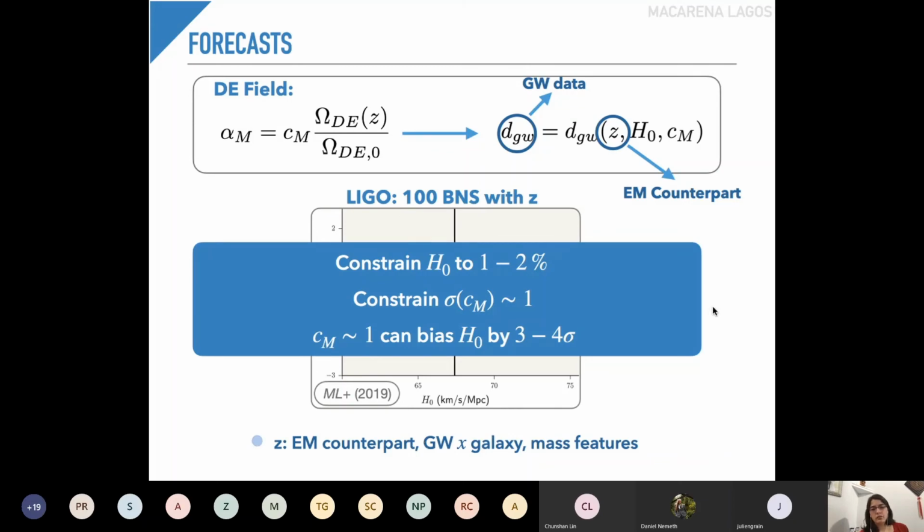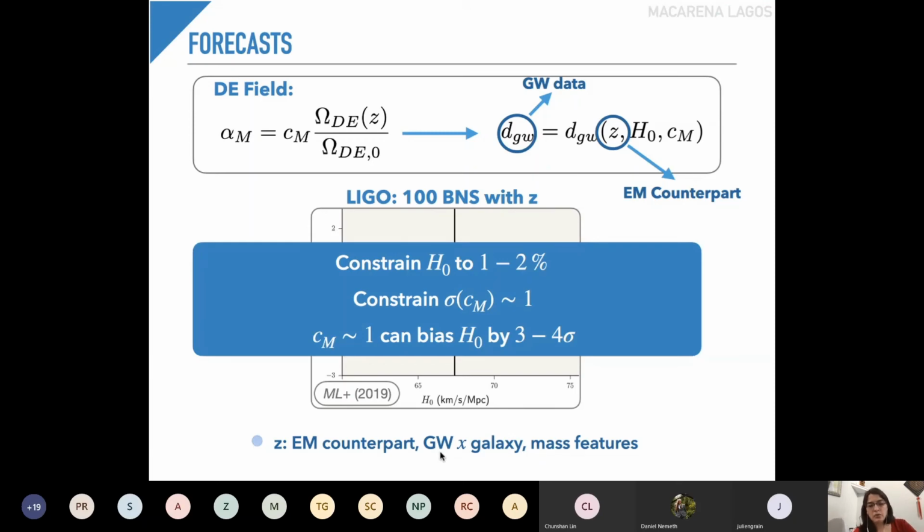So there are alternative ways in which you could perform these same tests, but of course the precision of your constraints will be different, but the procedure is similar. So one is to use your gravitational wave data and the localization that just with the gravitational wave detectors you get. So you get a localization in the sky for the sources, and there you basically look at galaxy catalogs and at all the galaxies that could be in the localization volume, and then you assign a probability for each galaxy being the host.